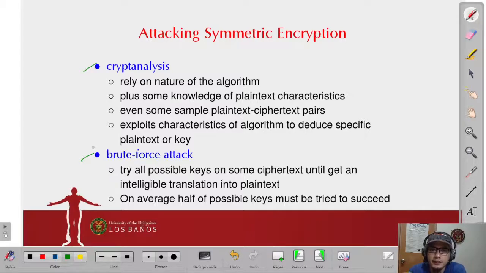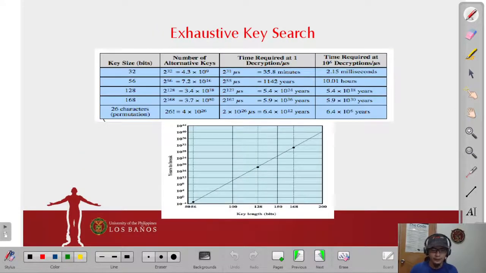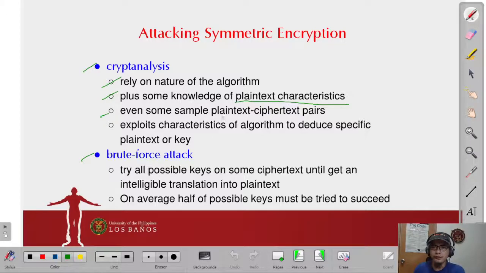In cryptanalysis, you need an understanding of the encryption algorithm, plus some knowledge of plain text characteristics, for example what characters are used in the plain text, whether it is in the English language, etc. The attacker can also have some access to plain text and ciphertext pairs, as I mentioned earlier.